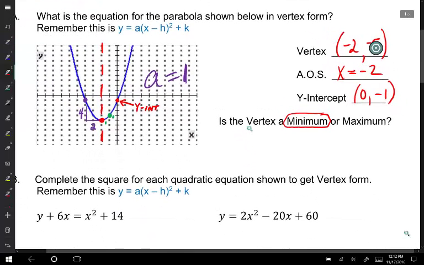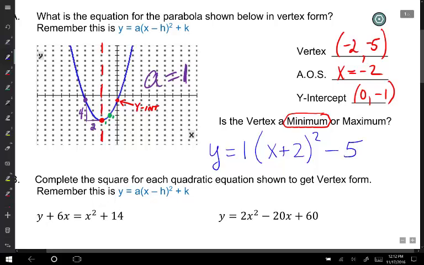Now, the space down below here is for us to write the equation. I think we should be able to do this fairly effectively. Y equals 1, parentheses, x minus h. So what does that become? Plus 2 squared plus k. So we're adding a -5, so I guess I can put -5.